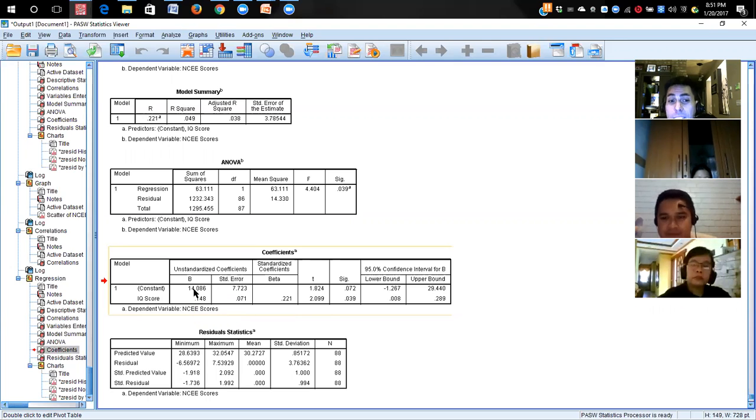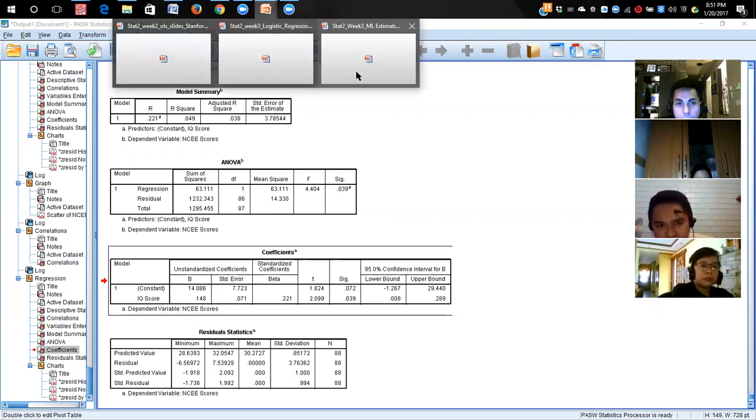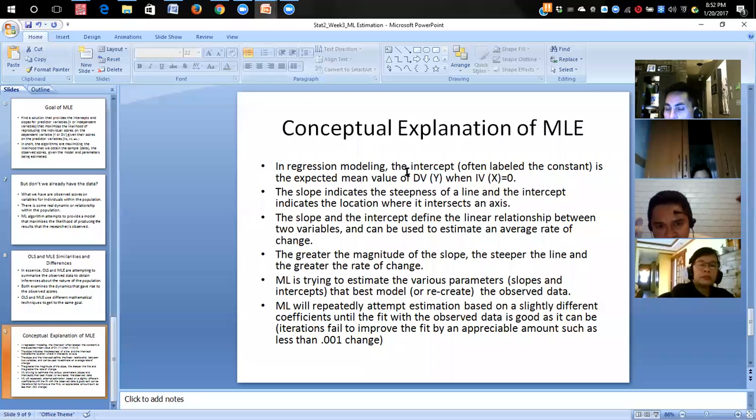Because in regression modeling, your independent variable is the predictive variable. So if I go back here, in regression modeling, the intercept, which is labeled as the constant, is the expected mean value of the dependent variable, NCEE, when the independent variable is 0.